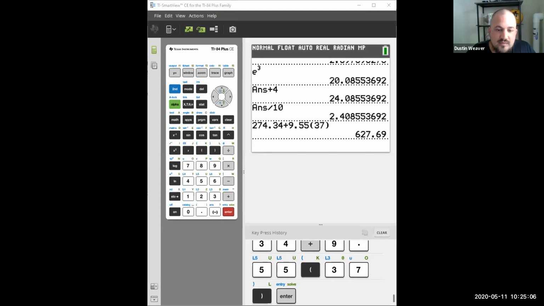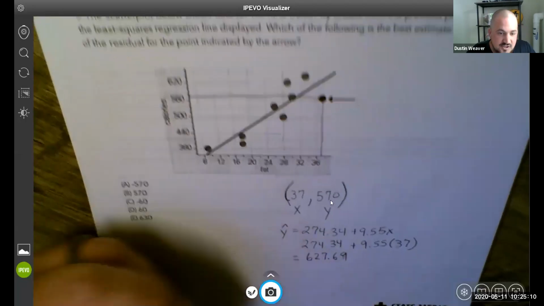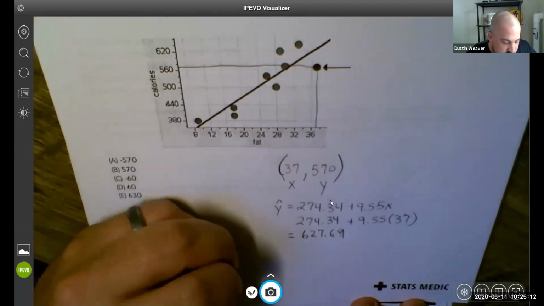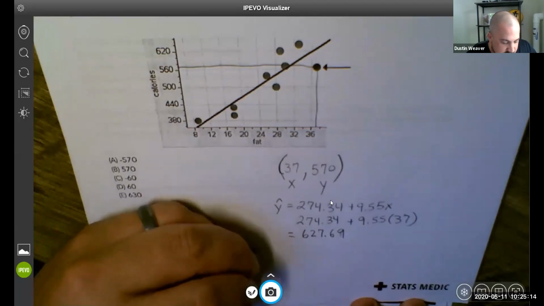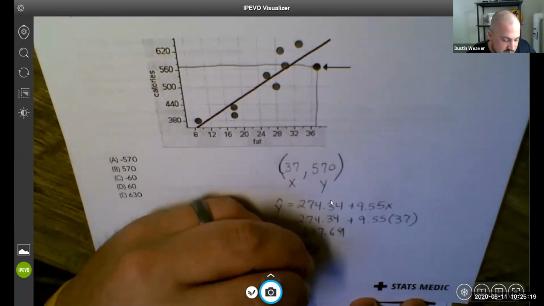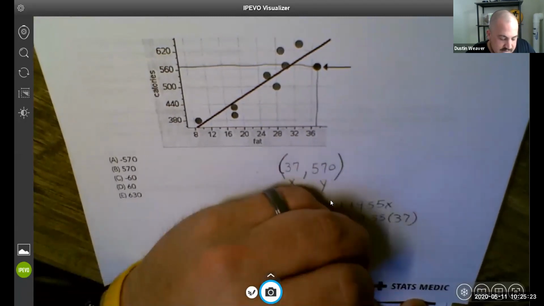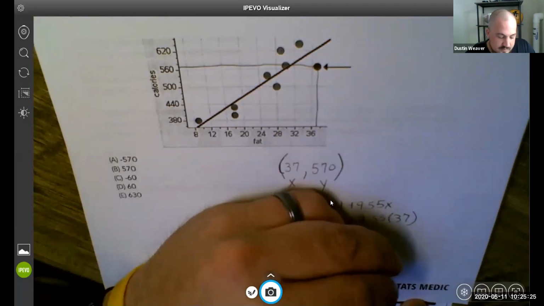So let's go back. So there's our predicted, there's our actual. Remember, a residual, so I'm going to scroll down. A residual is the actual y, remember AP, right? Actual y minus the predicted y.